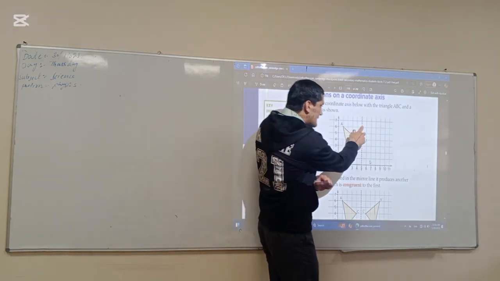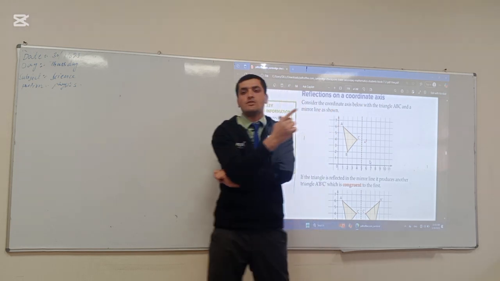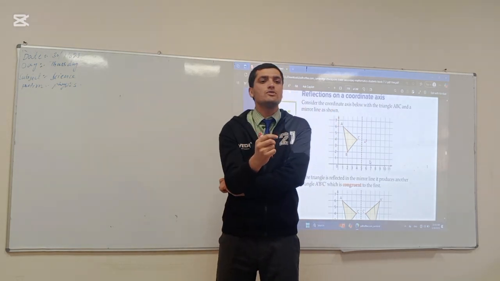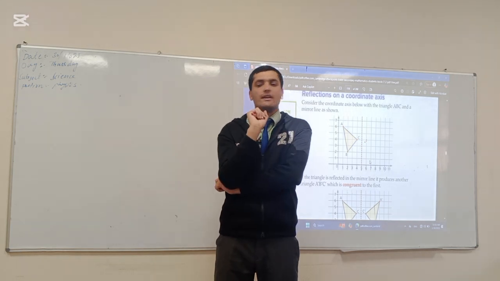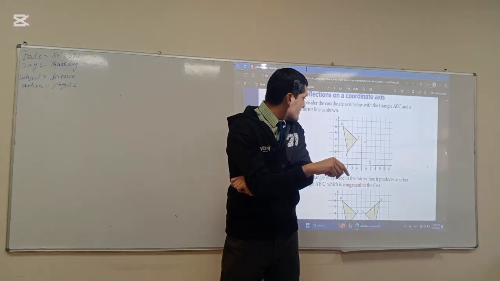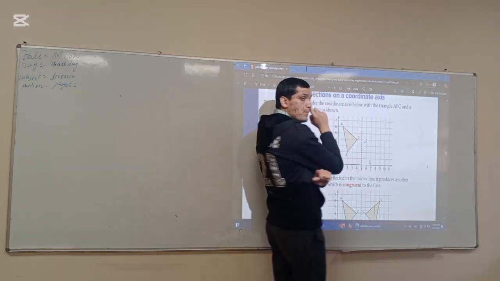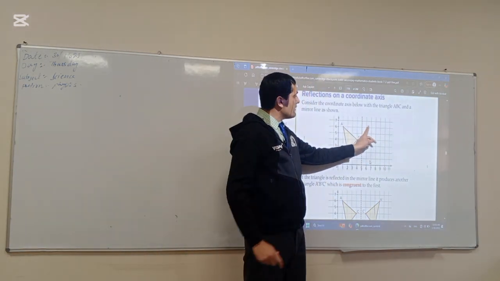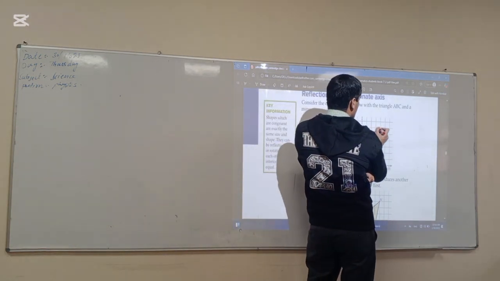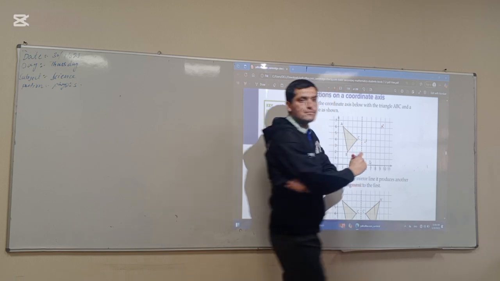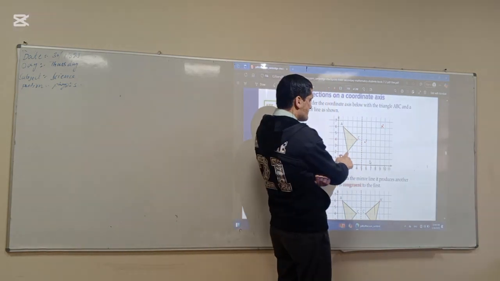You have to find this distance, the shortest one. When you study coordinate geometry, you will see the distance between a point and a line is the shortest one. For now, look: 1, 2, 3, 4. So this will become A dash.